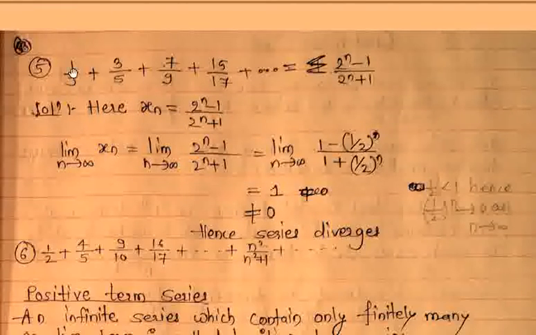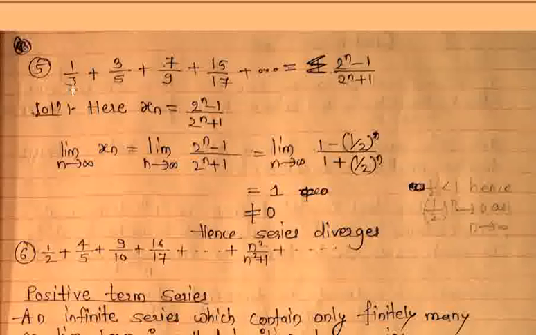Then here it is 1, 3, 7, and 15. So it is 2 to the n minus 1 over 2 to the n plus 1. So 2 to the 1, which is 2, minus 1, which is 1, and 2 squared, which is 4, minus 1, which is 3.